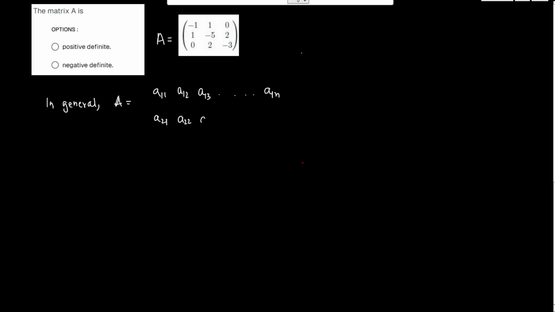So in general, let's say we have a matrix A which is of the form A11, A12, A13 and so on up to A1n, and then the second row can be represented as A21, A22, A23 and so on up to A2n.